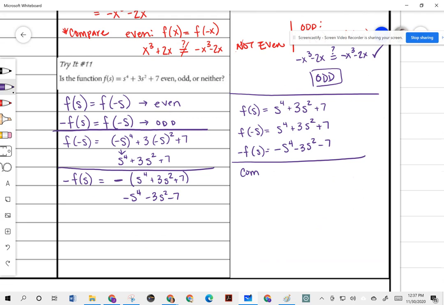We're looking for which two of these are the same. So if we look at f of s and compare it to f of negative s, we have s to the fourth plus 3s squared plus 7. That is equal to s to the fourth plus 3s squared plus 7. All I'm doing is comparing those two down here. And then that means this is even.